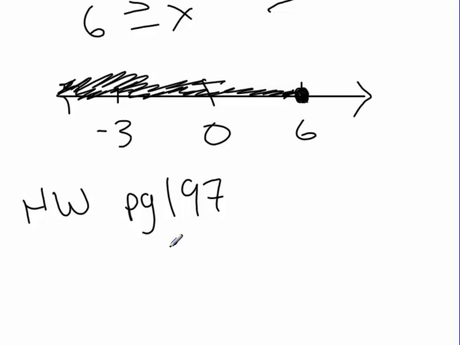This is 3.4, right? Or 3.5? Yeah, okay, so check. It's not 197. Page 189.